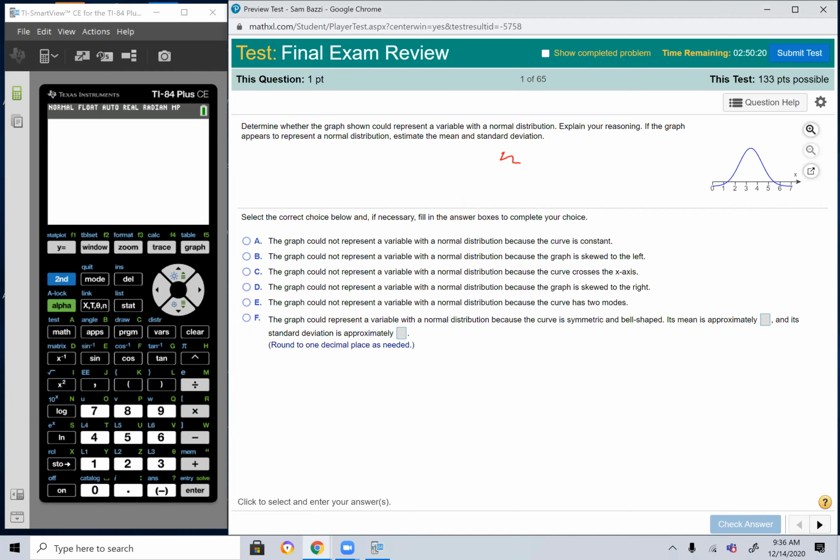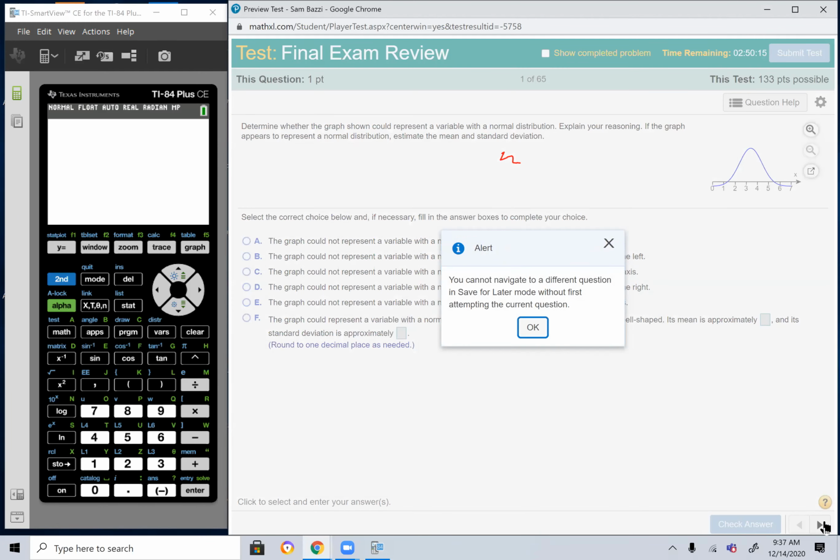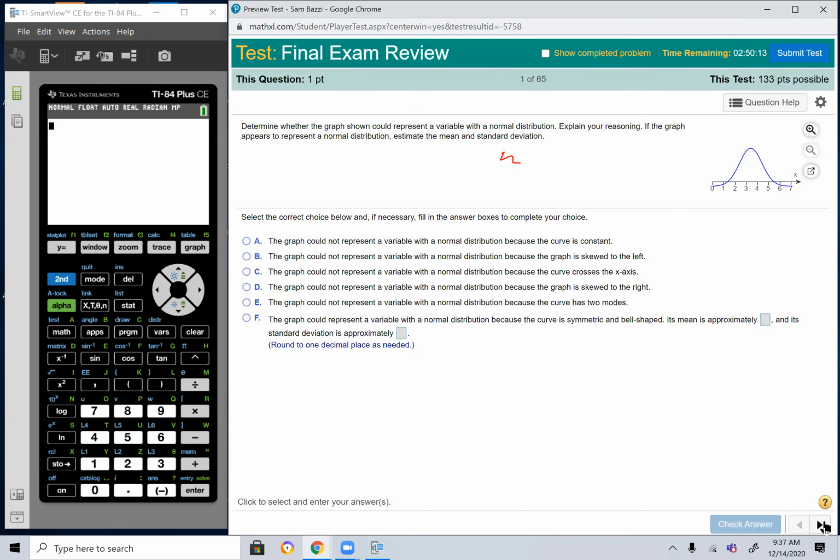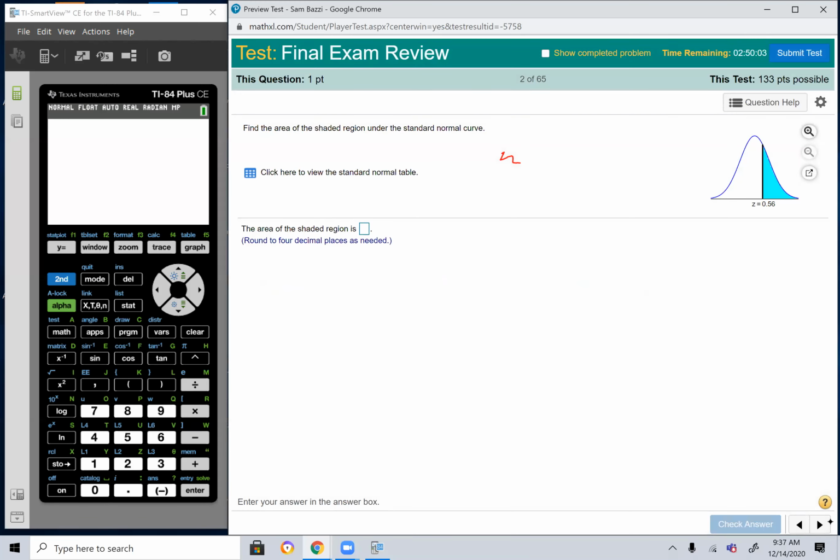Next question. So we selected, could not represent a normal curve right here. Okay, this area, as I said, you could have used the table that pops up, or you could simply use normal CDF in here.